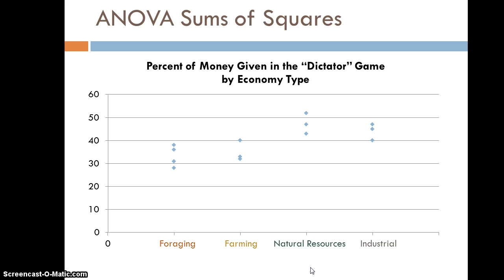They looked at what percentage they would give to the other players. And we can see for foraging what that spread of scores is, again for farming, for natural resources, and for industrial. You can tell that the levels, if we can estimate the center of each of these points, are going to be different.